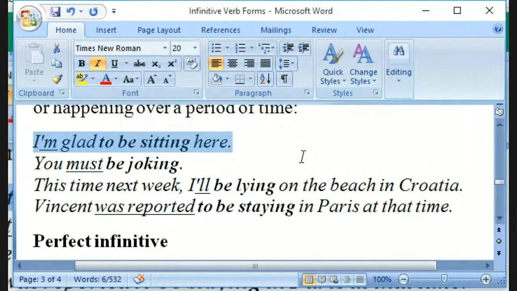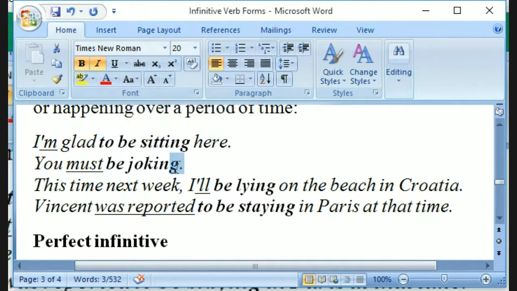I'm glad. You can't say I am being glad, because it's a state. You can't use a continuous tense in this first form. It's impossible, right? But this form is actually a continuous infinitive.